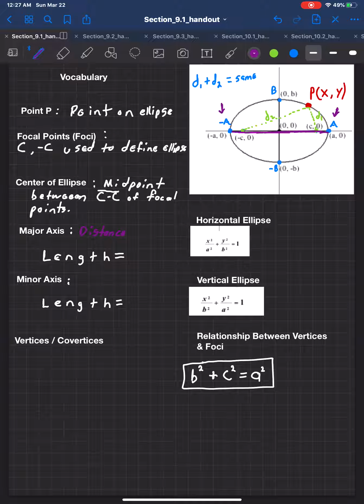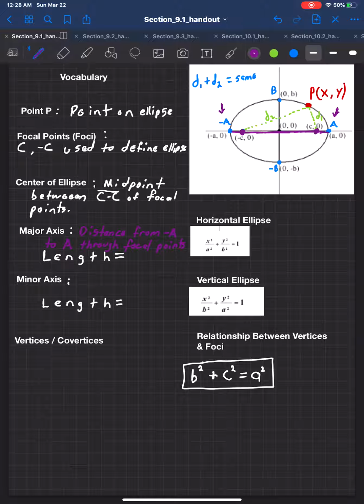The distance from negative A to A through focal points. Does that make sense? Does it make sense to you that the focal points are always on the major axis? That's where the focal points lie.